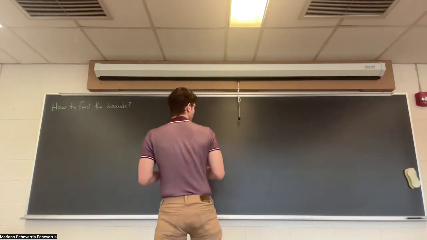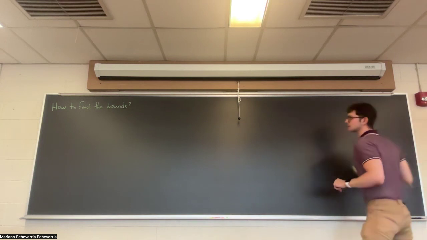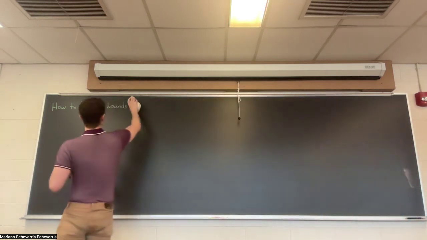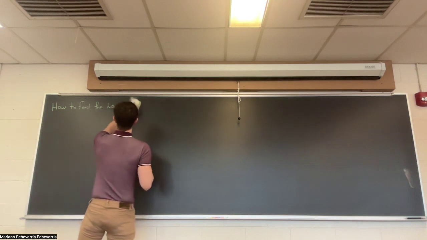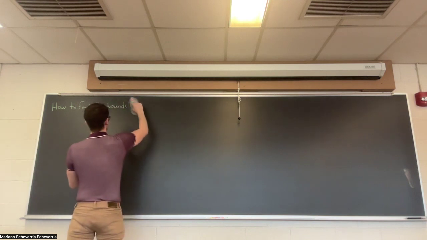How to find the bounds for a double integral? And then I'll do a few examples to show you how this looks.